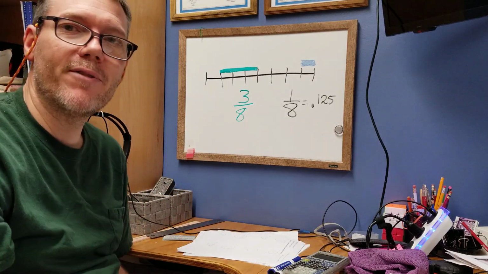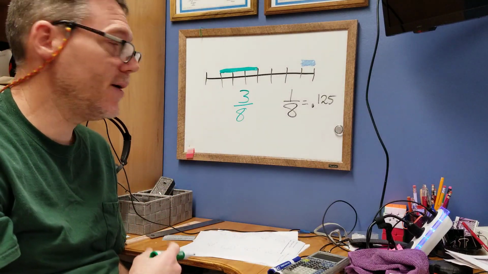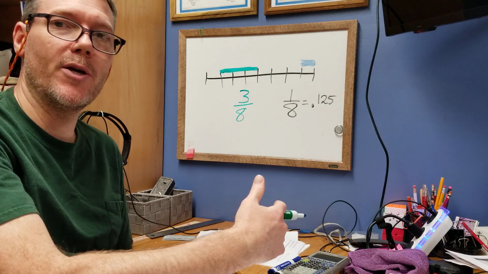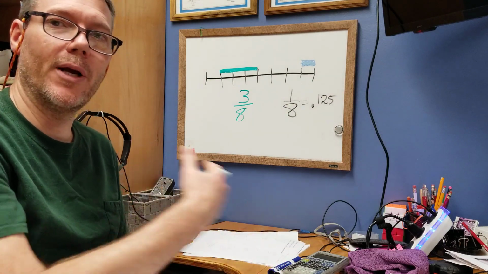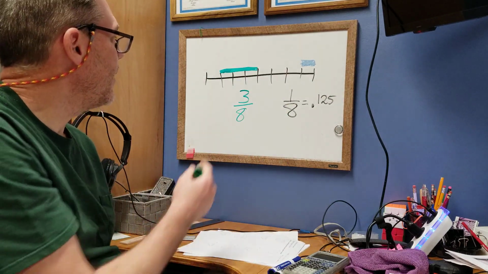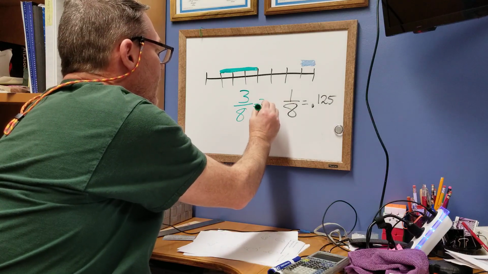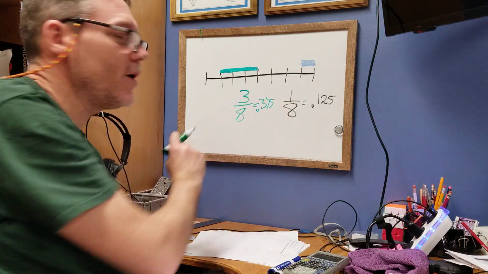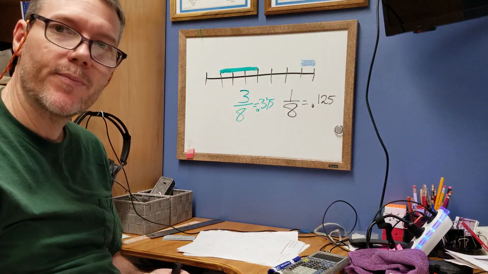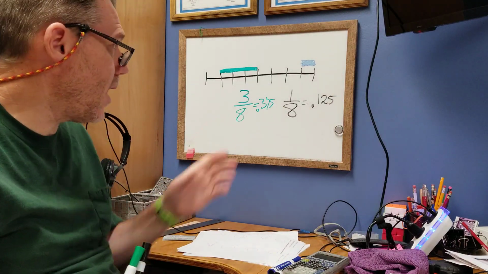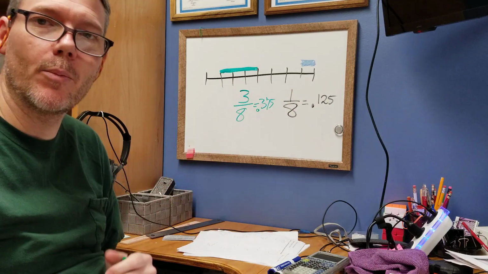So 3 out of 8 is the probability that a person, when they show up at that stop, would be able to get right onto the bus. And 3 over 8 comes out to 0.375 or 37.5%. So it's the geometric probability of something on what would look like a number line.